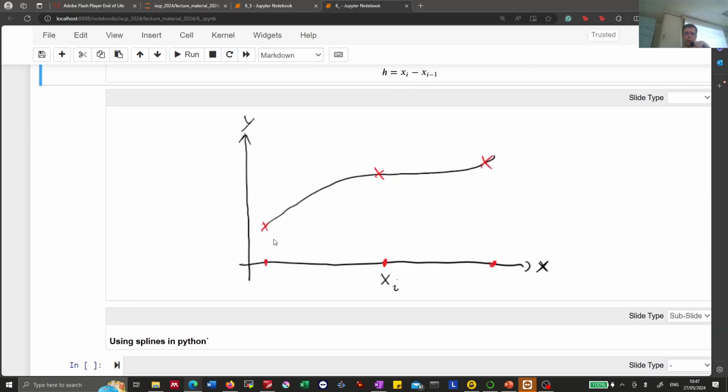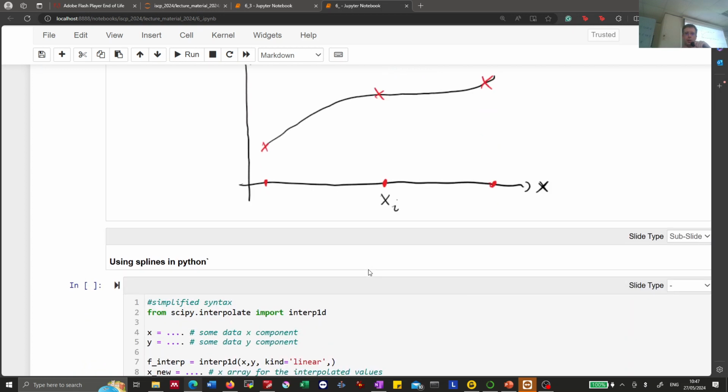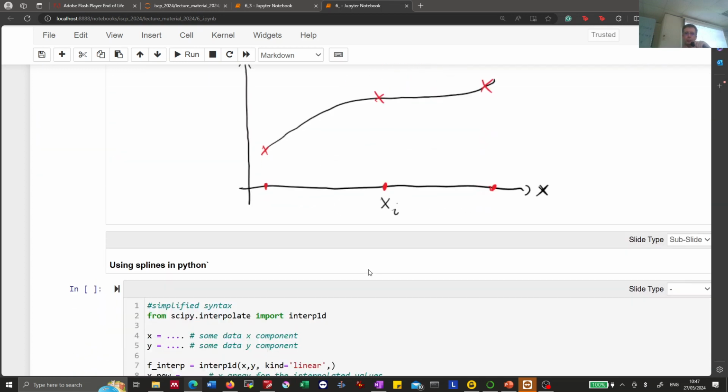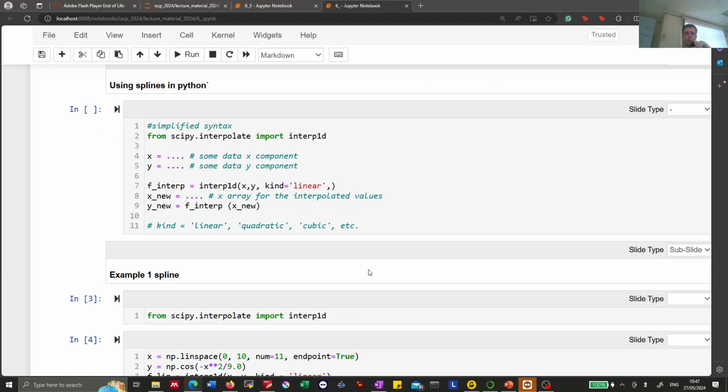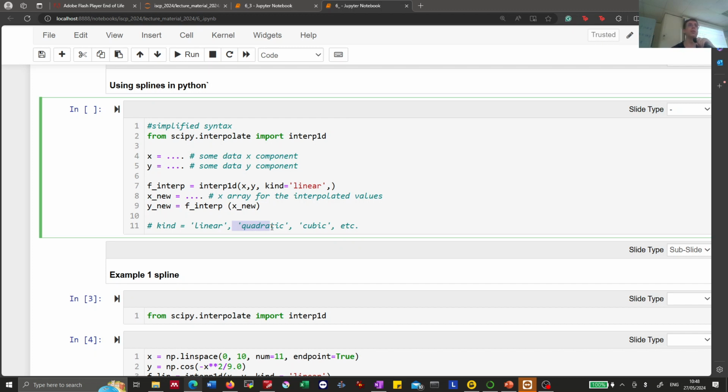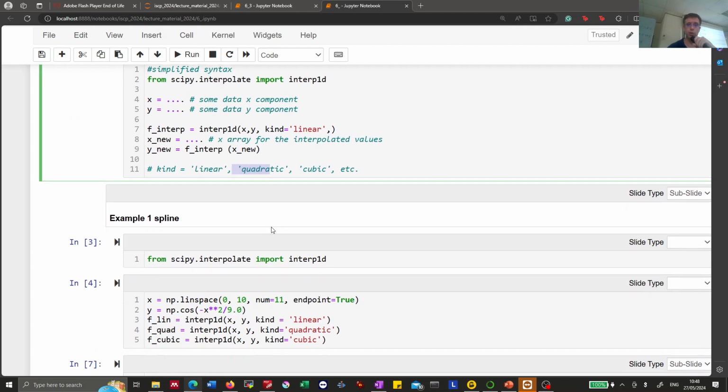And what we should get at the end is some well-defined smooth function through this interpolation. Now there are some limitations, but there are some advantages as well, because we do not run into very crazy extrapolation catastrophes.